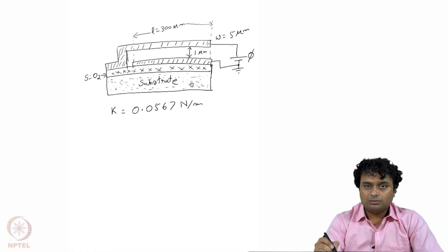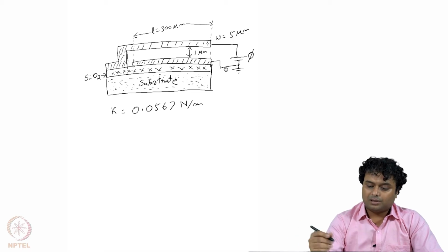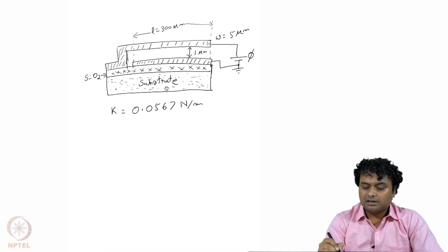So to see now the pull-in phenomenon, I will describe this with the help of this example. Okay. So here we have taken this kind of structure where we have the substrate, which can be silicon or glass, and on top of that there is an insulating layer, let us say SiO2, and on top of that there is a cantilever beam.